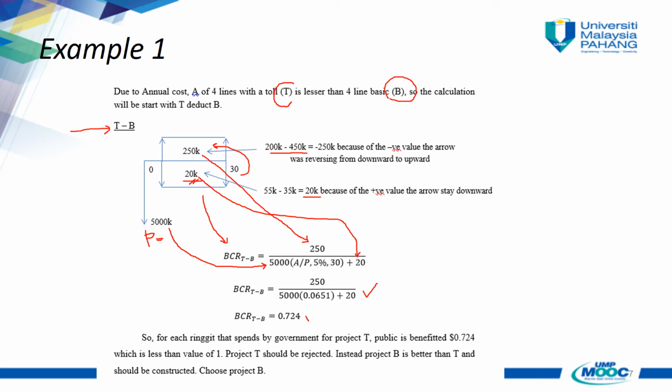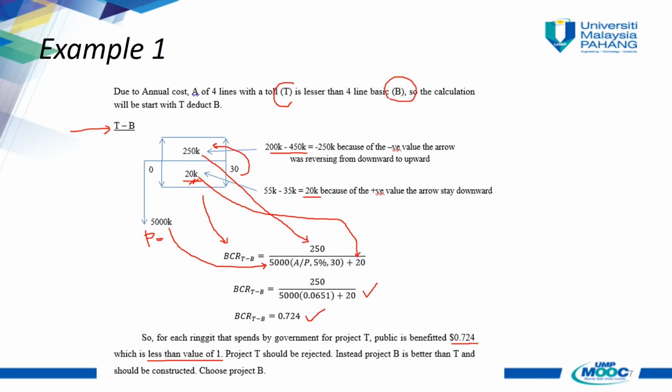Once we got all these values, we'll see that our BCR of T deduct B, or T minus B here, we got 0.724. So our understanding is for each ringgit spent by our government for project T, the public benefits 0.724, which is less than the value of 1.